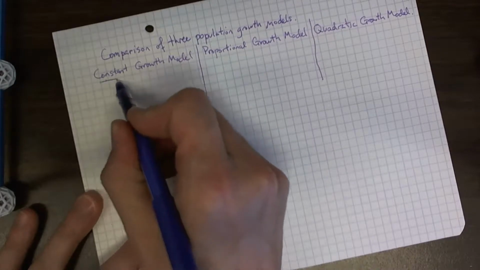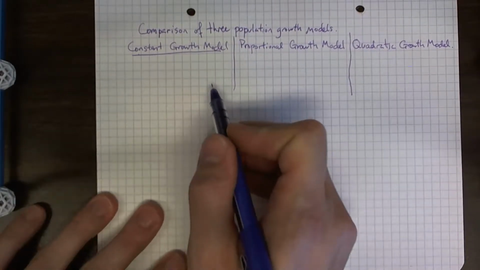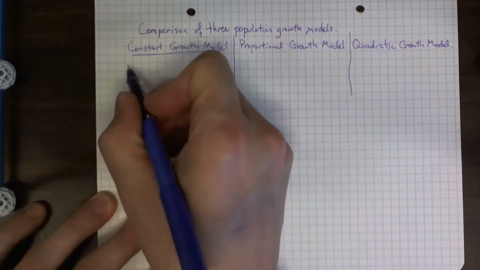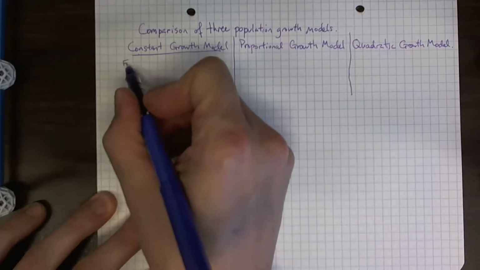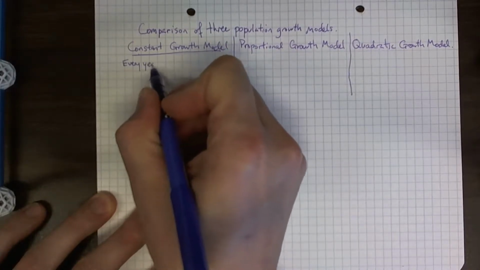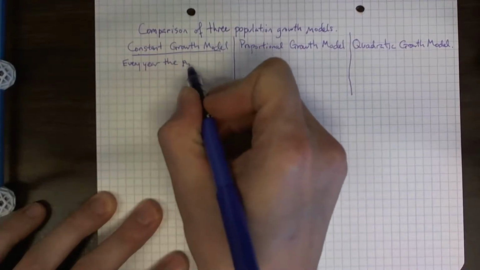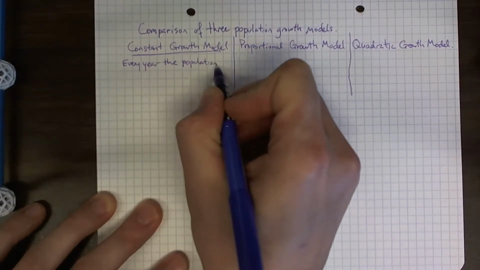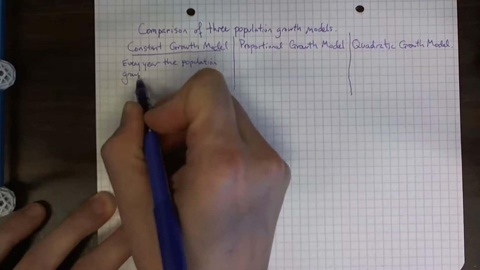So when we talk about a constant growth model, what we're talking about is that every year the population grows by the same amount.